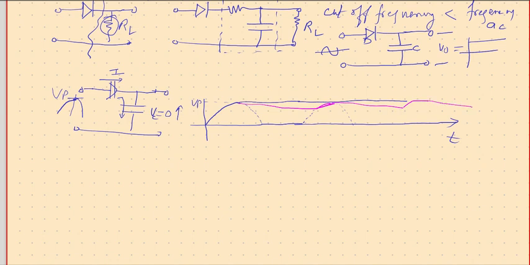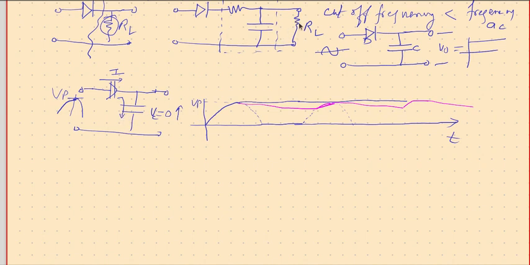Then it gets charged, then slowly discharged. The only thing is, during forward bias there is very low resistance, therefore fast charging. During reverse bias there is very large resistance, so very small current in the reverse direction, so very slow discharge. The dielectric is leaky, but still a good dielectric, therefore the leakage is very slow, and the current used to drive the load is small compared to the capacity of the capacitor.